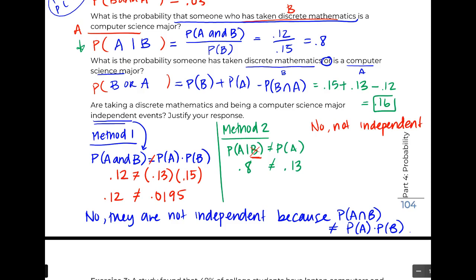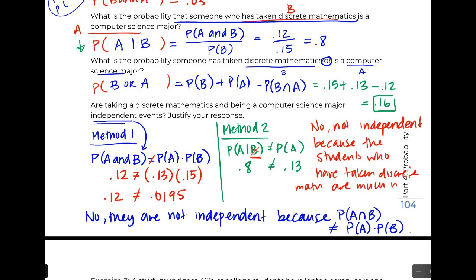This was like a woman being much more likely to own a pink shirt than a man. So we could give ourselves even a more lovely explanation here, because the students who have taken discrete math are much more likely, because that's our B, right, to be CS majors.